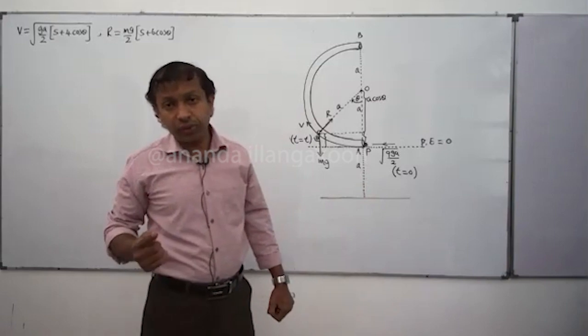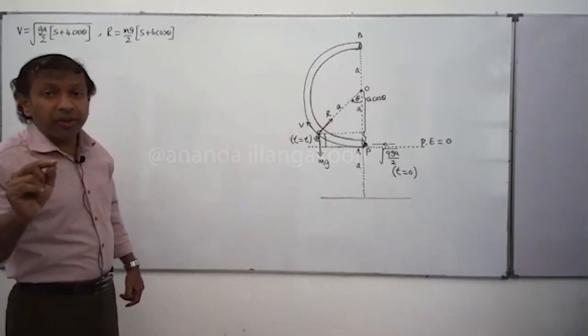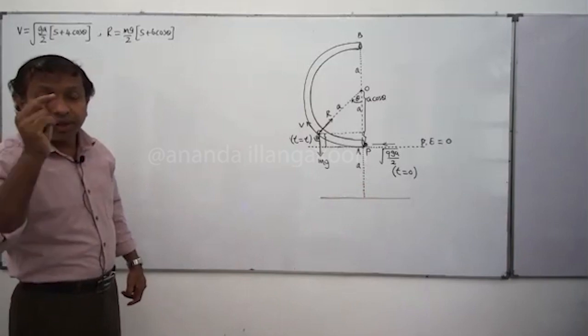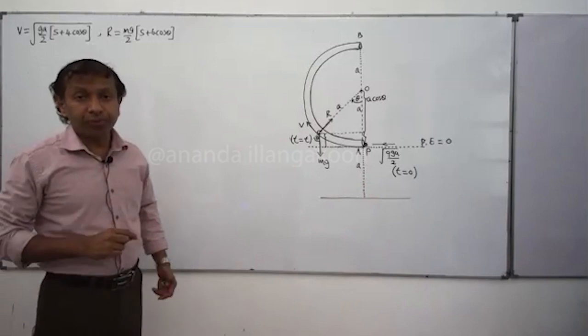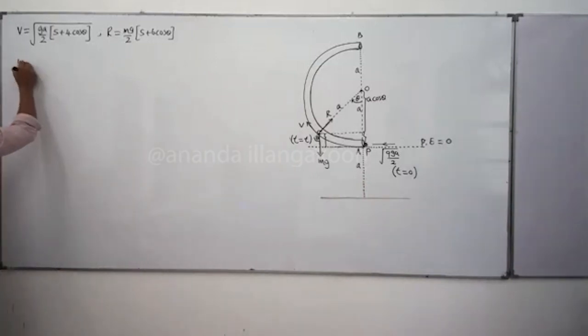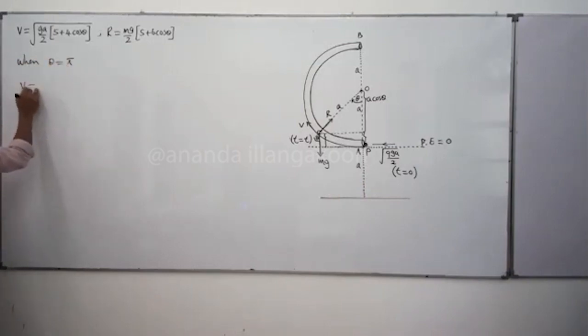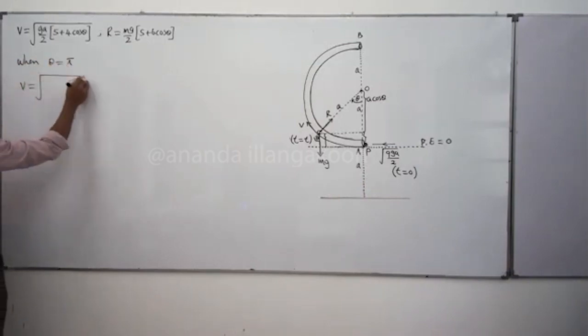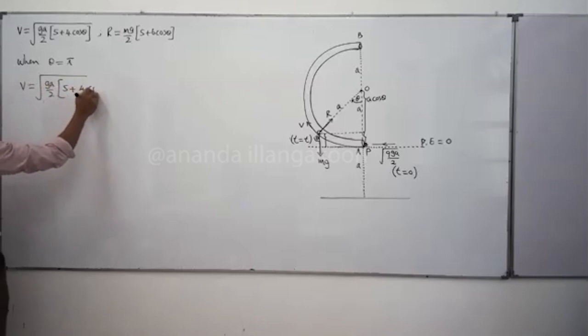So, in order to show that the particle P reaches the point B, we have to put theta as 180 and prove that the corresponding velocity has an existing value. Okay. Now we can say when theta equals pi, what is V? V is the square root of GA by 2 times pi plus 4 cos pi.